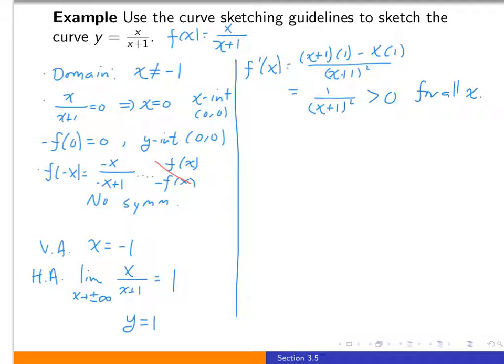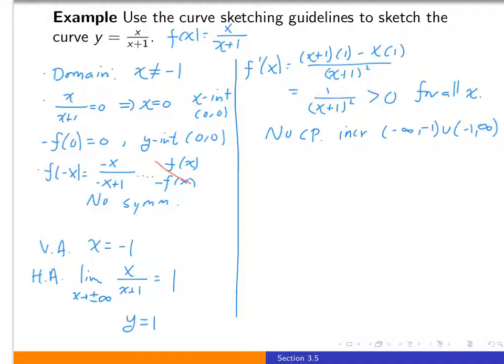So our function has no critical points, and it is increasing from minus infinity to minus 1, and minus 1 to infinity. It would have been okay here to say minus infinity to infinity, but I chose to leave out the point minus 1 simply because our function is not defined there.